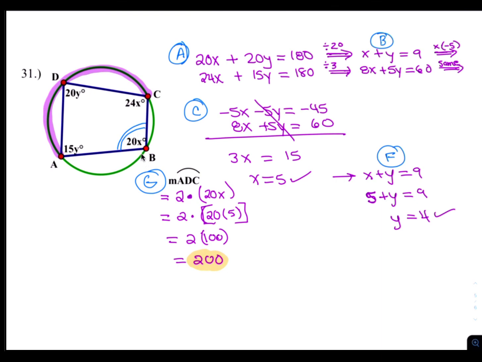So we can simply say that the measure of arc ADC is twice 20x. So 2 times 20x becomes 2 times 20 multiplied by 5, because remember x was 5. 20 times 5 is 100, and 2 times 100 is 200. And that is the measure of arc ADC.